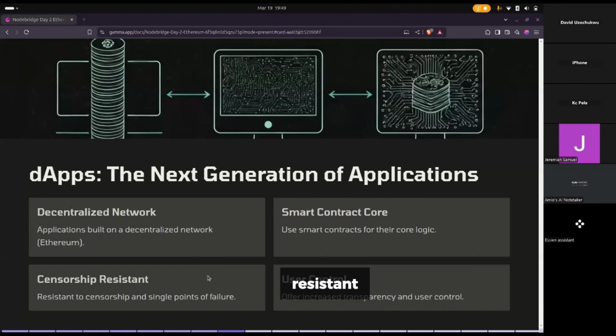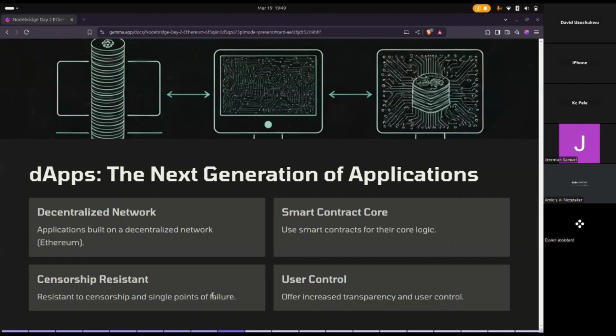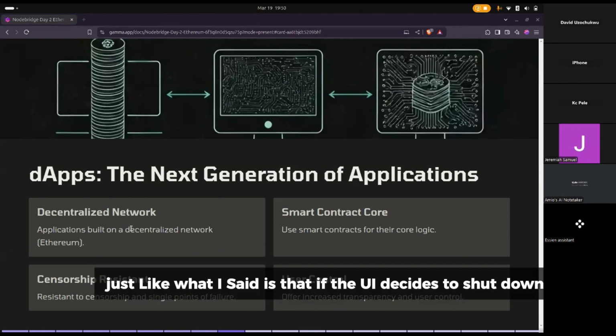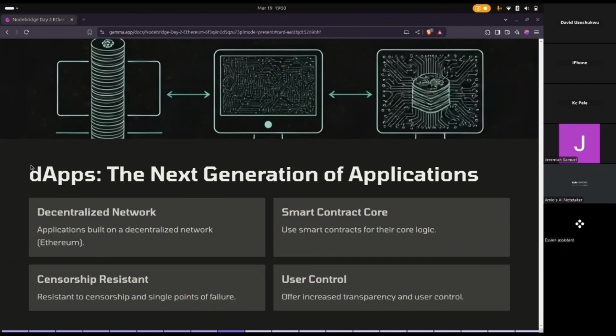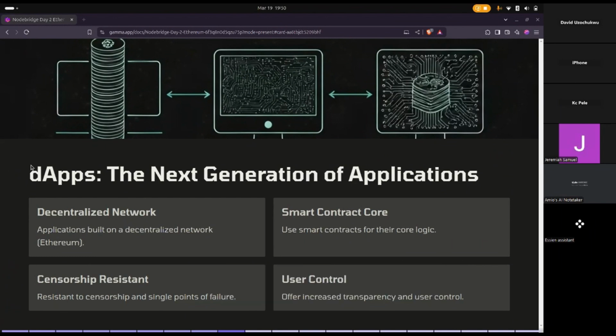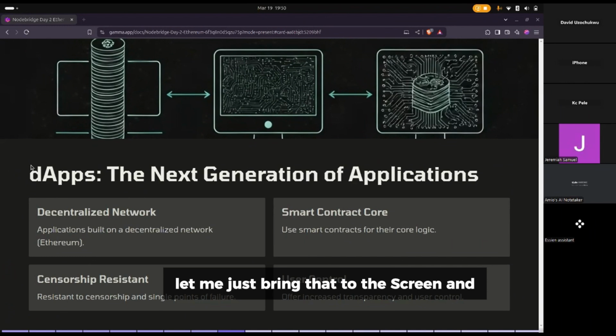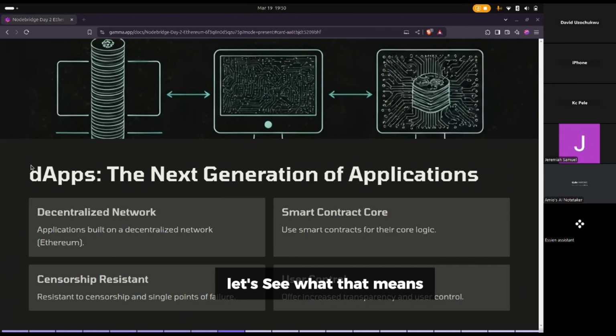Censorship resistant. It is resistant to censorship and a single point of failure. What this means is that, just like I said, if the UI decides to shut down, let me bring up Aave and let's see what that means.